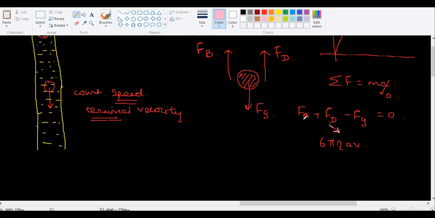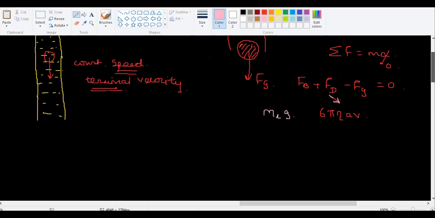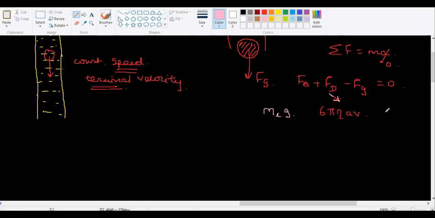Buoyancy force, we already talked about it. What did we say? Upward thrust force is equal to the weight of the liquid displaced. The weight of the liquid displaced is nothing but m_L into g. Gravity is nothing but mg.